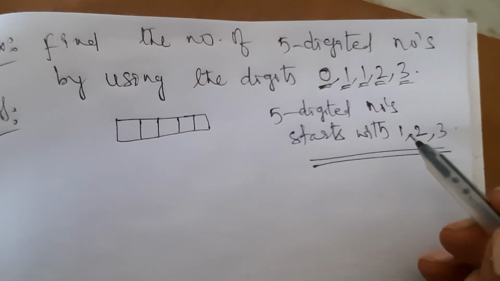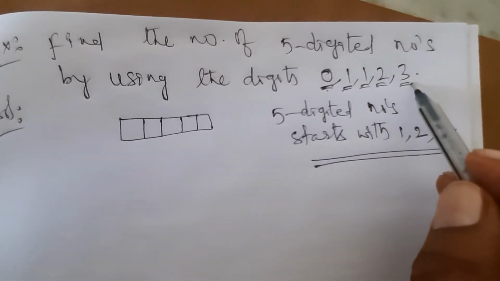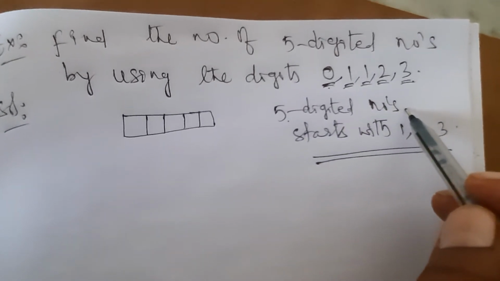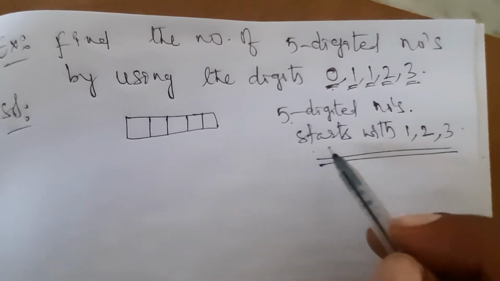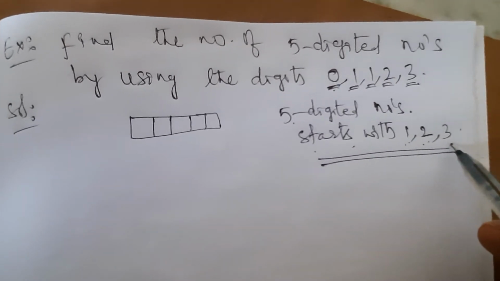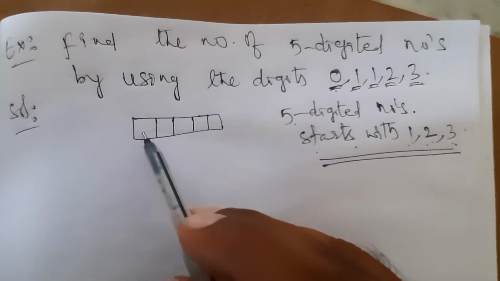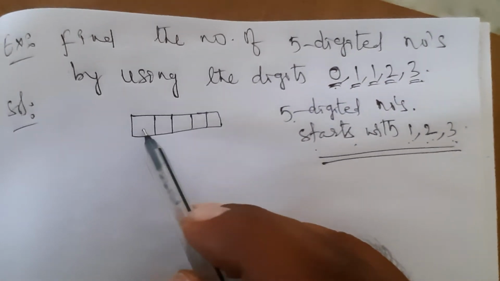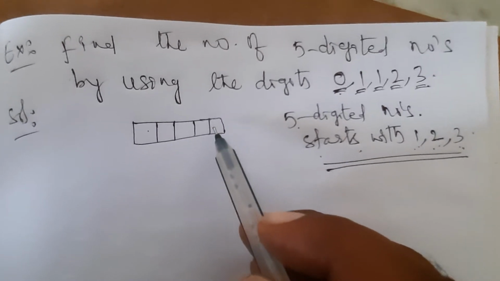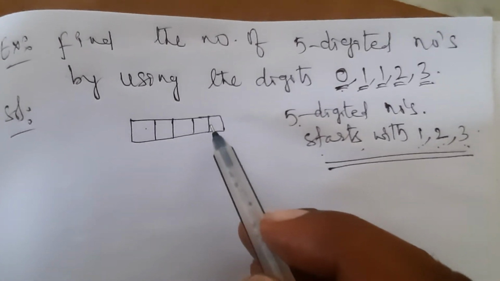Maybe our 5-digit number starts with 1 or starts with 2 or starts with 3. This is the chance. Okay, can I fill here 0? Start with 0? No. If I fill 0 here, that is not a 5-digit number. That is under the case of the 4-digit number. So I exclude that case.